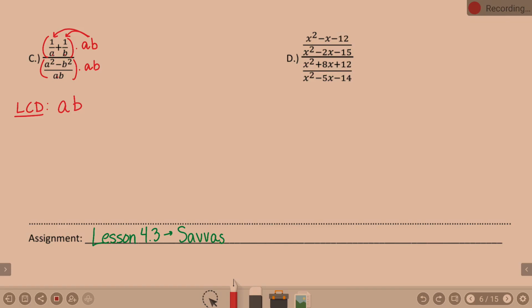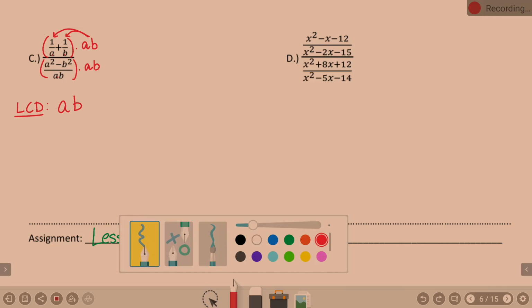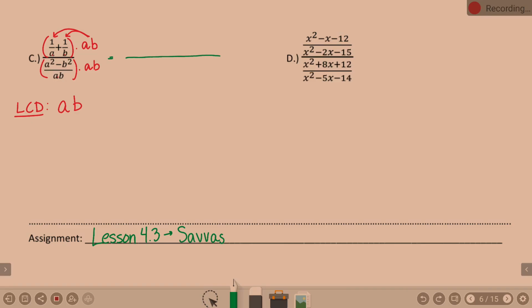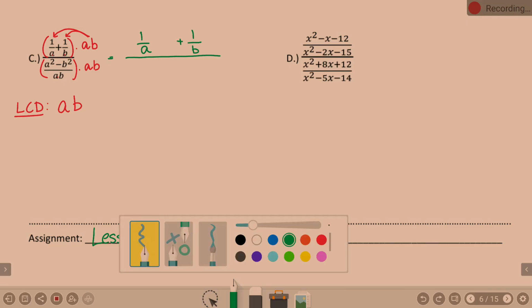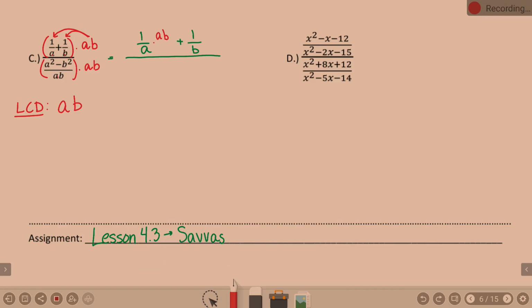It's just multiplying AB by that one fraction. Okay? So let me write this out. We're going to have 1 over A plus 1 over B. And those are both going to multiply by AB. Shall I go ahead and ask, how do we make AB a fraction? Put it over 1, yes?